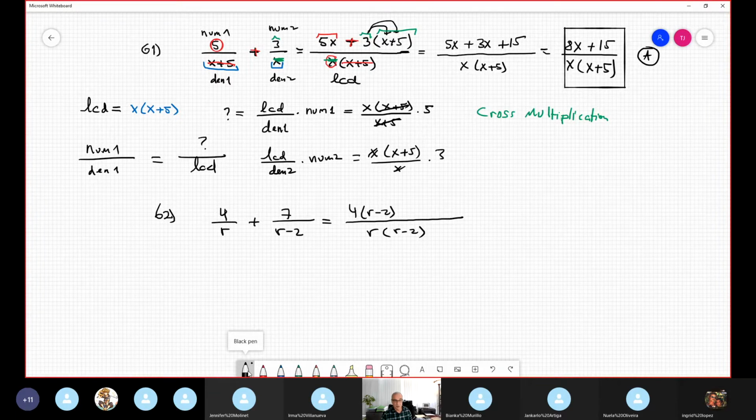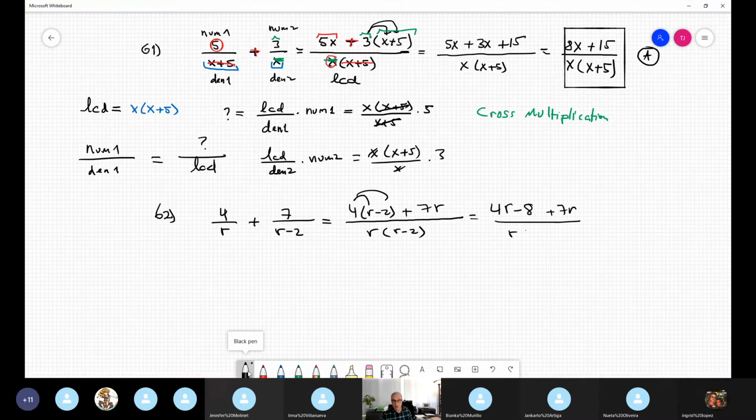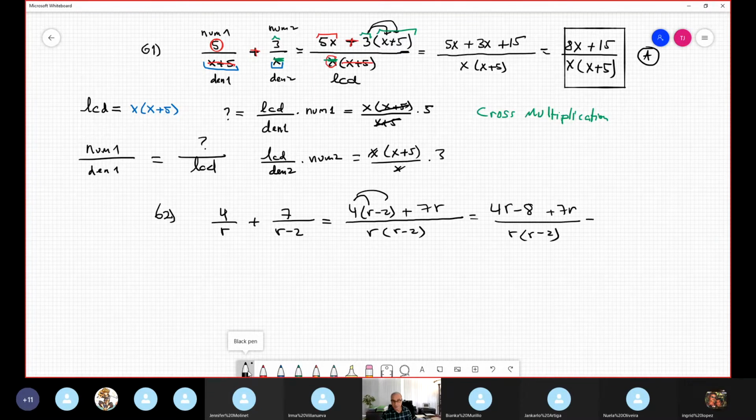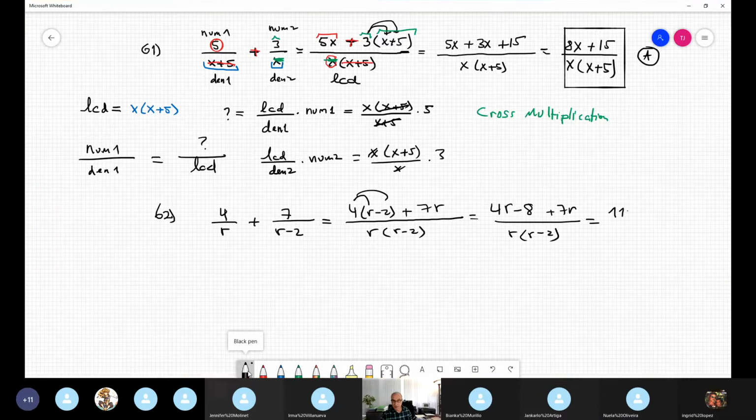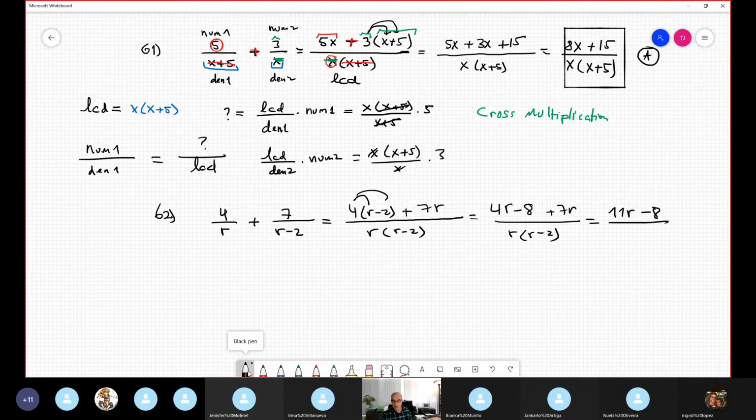The multiplication r minus 2 times 4. And who is missing? r is missing, plus 7r. The rest is piece of cake. Distribute the property for r minus 8 plus 7r divided by r minus 2 is 11r minus 8 over r times r minus 2.